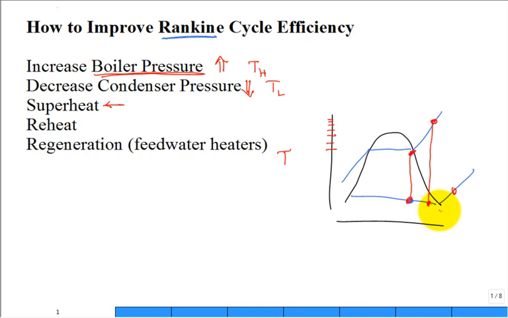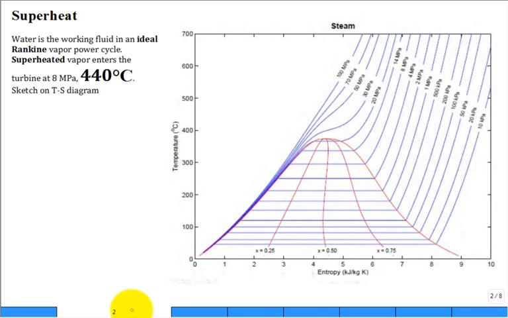But sometimes, let me see if I can expand this a little bit. Let's say I take the same pressure, 8 megapascal, find that line of 8 megapascal right there. Instead of stopping at saturated vapor at 295, almost 300 degrees C, I superheat it to 440. I bring it up, here's 400, here's about 440, I bring it over. Right there is state 1. See that?